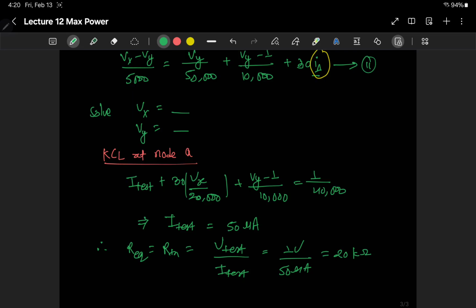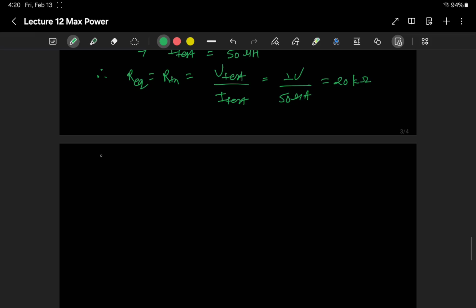Okay, now we have everything to construct the Thevenin equivalent. So let's first construct the Thevenin equivalent. This is the Thevenin resistance, we just calculated 20 kilo ohm, right?